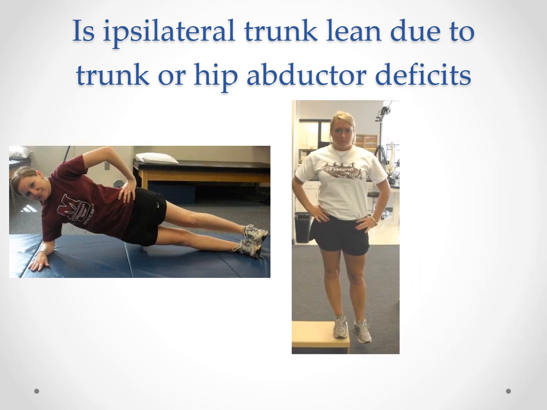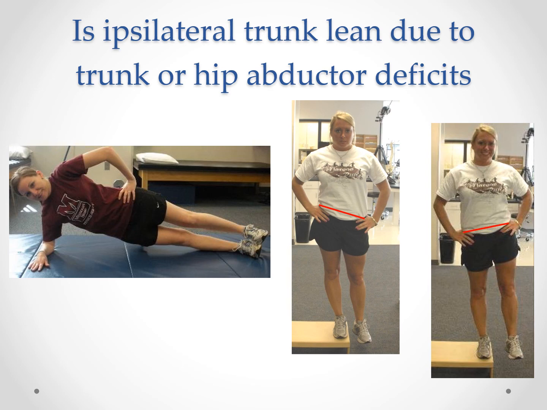In order to test hip control, the hip hike test is really a great option. The reason that it's such a good option is that you're testing the hip muscles in the way that they actually have to work, in the closed kinetic chain, moving the pelvis over it, or at least stabilizing the pelvis over it.